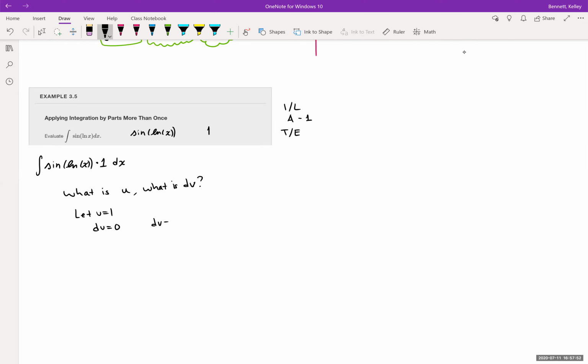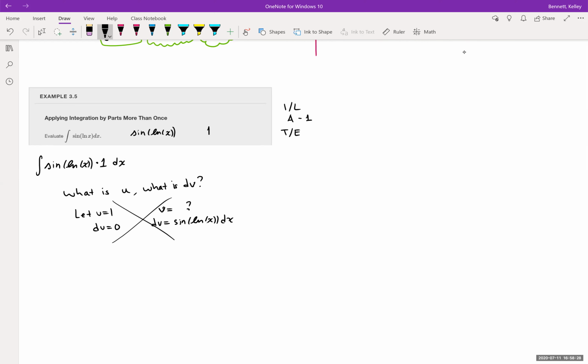And if dv equals sine of ln of x dx, then to say what v is, to solve the problem that we were given, I need to find the antiderivative of sine of ln of x. So yeah, I definitely don't know what that is. That's why they're asking me, because it's hard. So this was not the right choice. And that's fine. And like I said, you'll discover really quickly whether or not you've created the right setup.